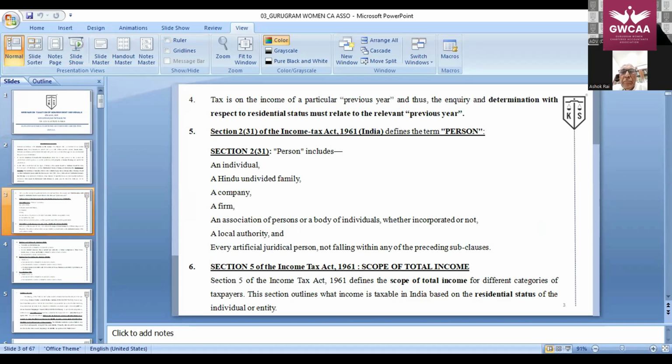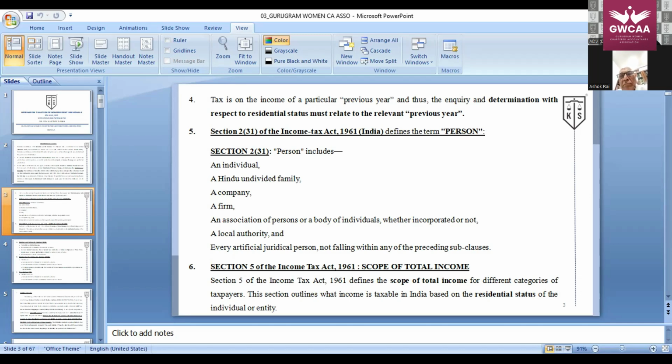Okay. So when a resident of one country does any transaction with another country or earns any income from that different country, at that time, the country from where it has earned the income will levy the tax on the particular taxpayer or person who is a resident of the other country.